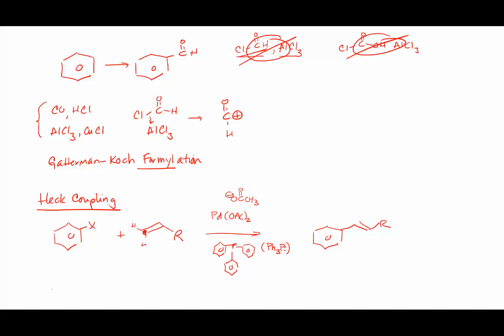So for instance, if I had a double bond here with a halogen and I reacted it with that same alkene using the palladium acetate triphenylphosphine combination, what I would end up doing is coupling the alkyl group that's attached to the halogen to the double bond there, so I would end up actually forming a conjugated diene that way.